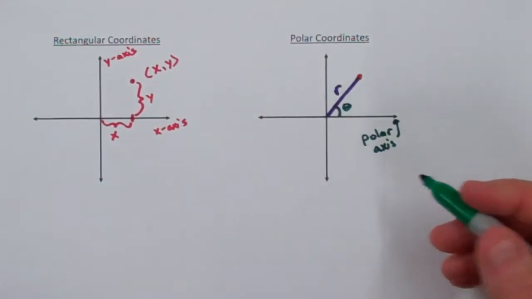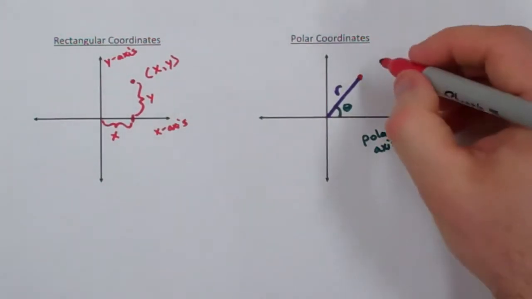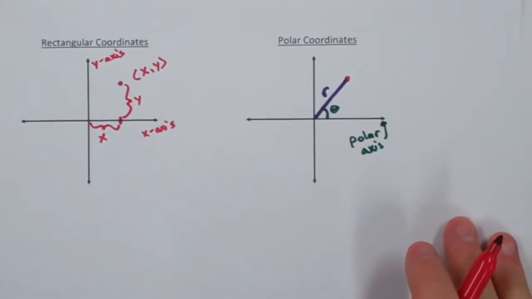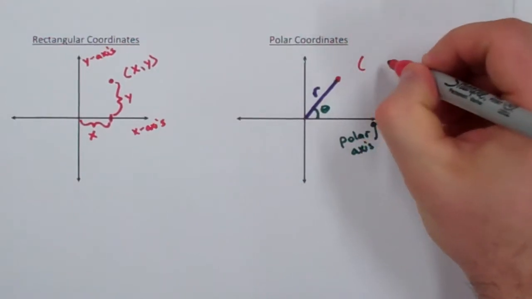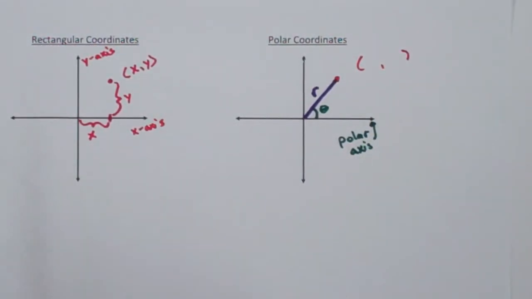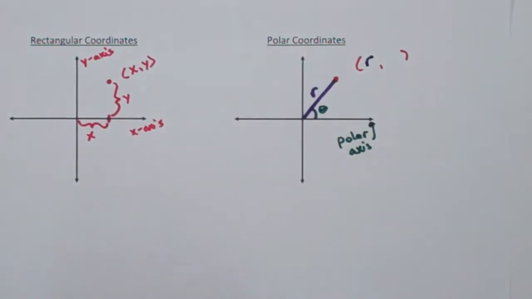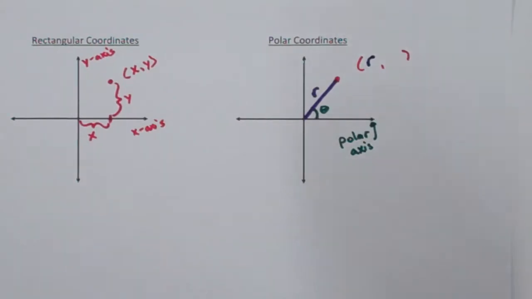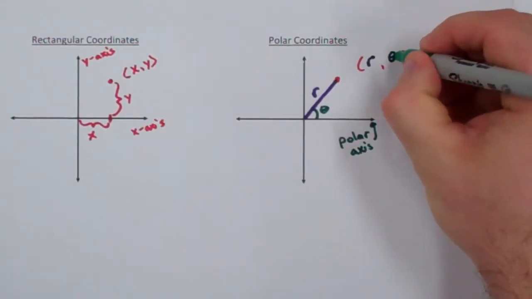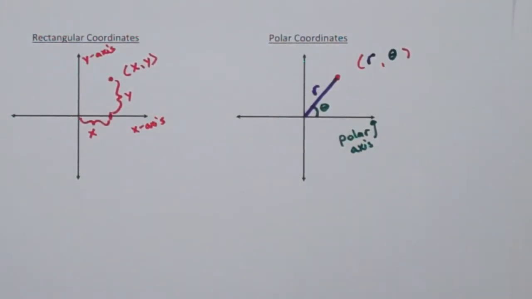When we write this ordered pair, we write it in terms of r and theta. The r comes first, and then the theta comes next. This can describe the exact location of this point in red right here.